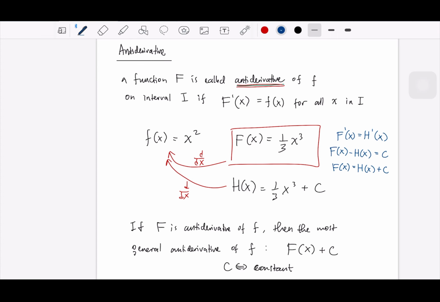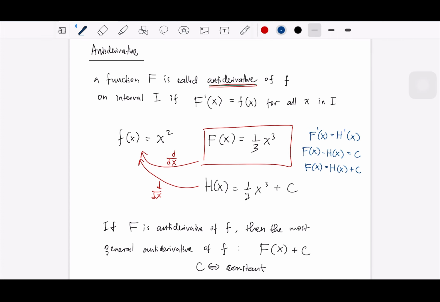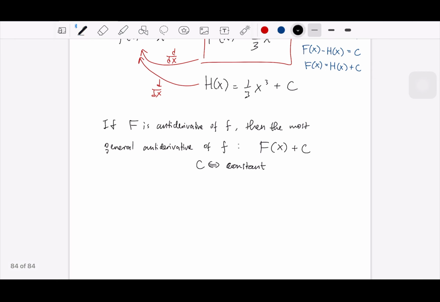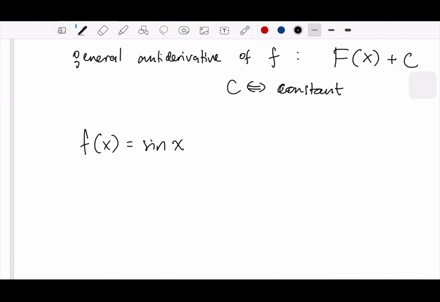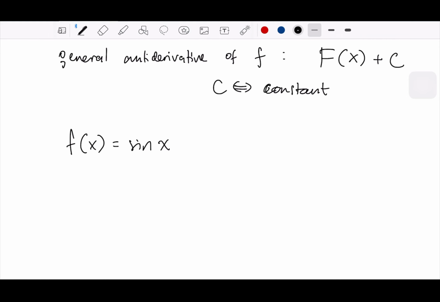Now, to begin with the introduction, if we have a function that is sine x and we want to make this into the antiderivative, we can think: if we derive cos, it will be negative sine, right?